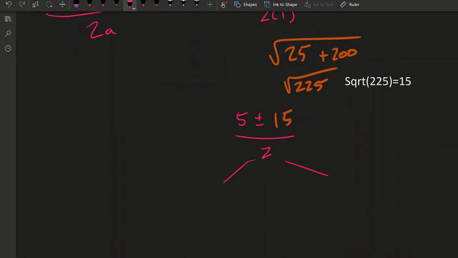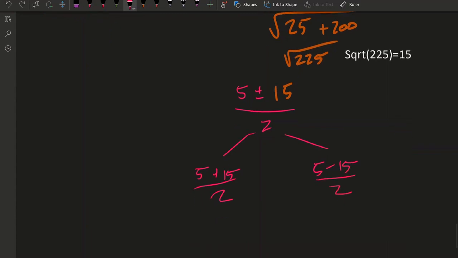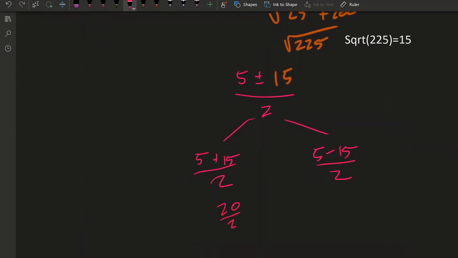That's going to split into 2, one for each sign. So I'm going to get 5 plus 15 over 2 and 5 minus 15 over 2. So that's 20 over 2, which reduces to 10. And 5 minus 15 is negative 10 over 2, which is negative 5. These are my two solutions.